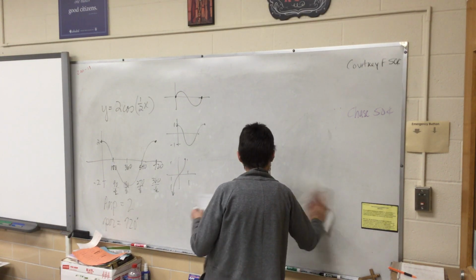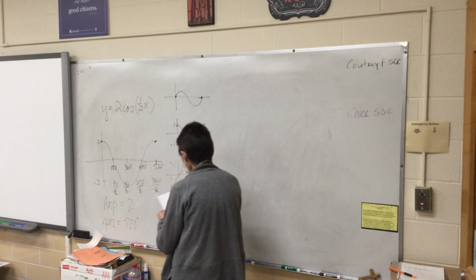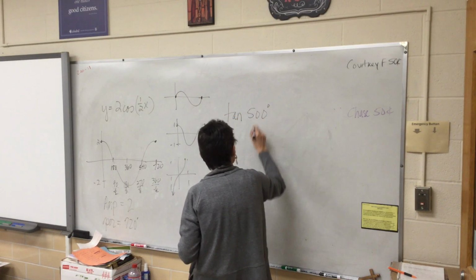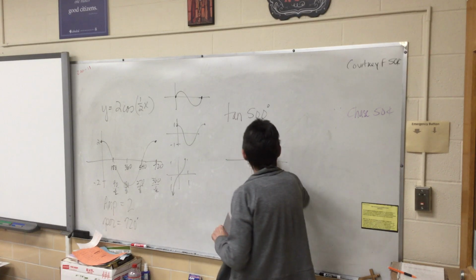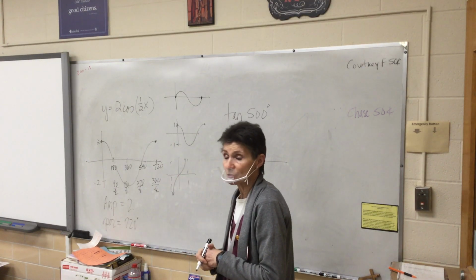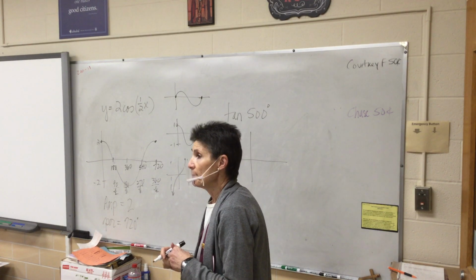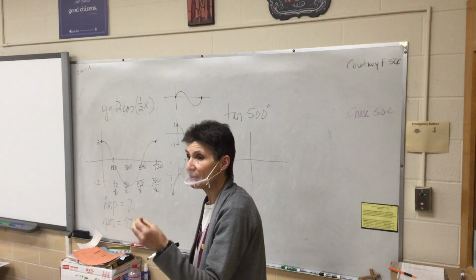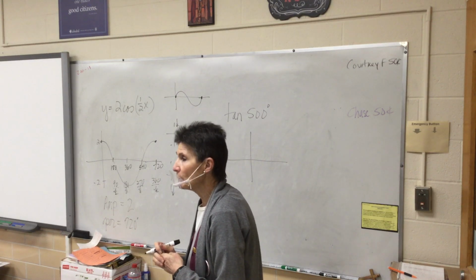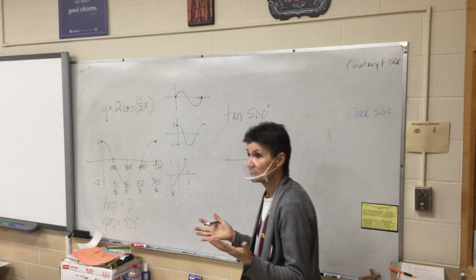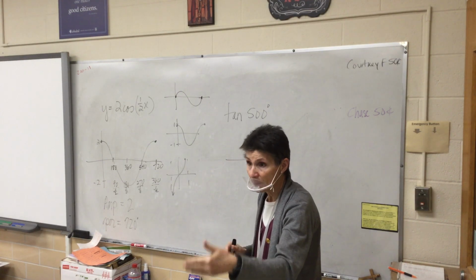Okay. Is the tangent of 500 positive or negative? Well, it's one or the other. You have to explain your answer. Where is 500? If I drew 500 degrees, where would that be? Doesn't it go all the way around and then some?